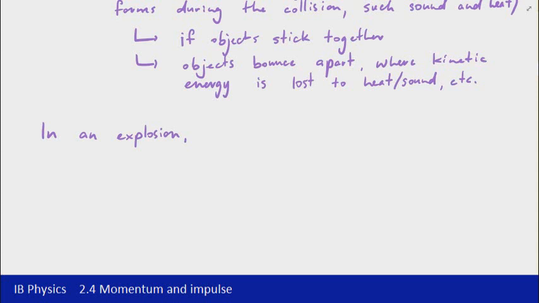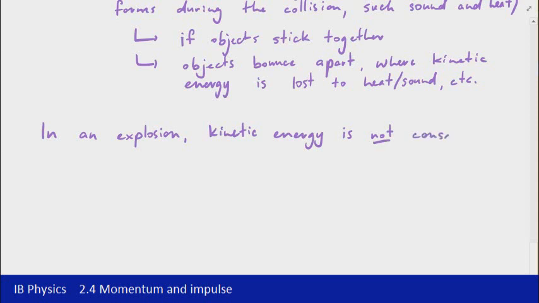So there's going to be no kinetic energy to begin with. After it explodes, then parts are going to be moving in all sorts of different directions. So the kinetic energy is going to now be non-zero. So it's fairly obvious just by thinking about those simple scenarios, kinetic energy is not conserved in an explosion.